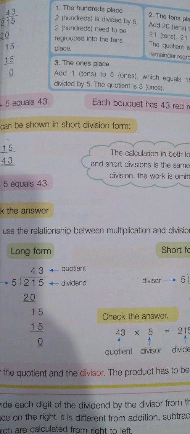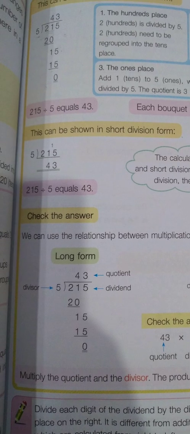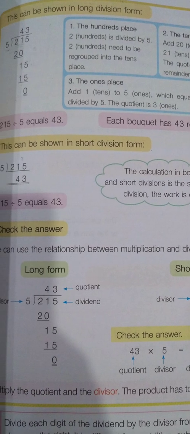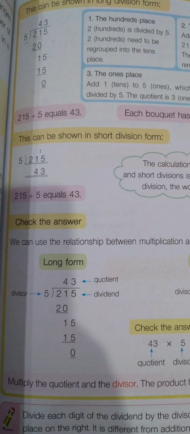Check the answer. We can use the relationship between multiplication and division to check the answer. Long form: 5 is the divisor, 43 is the quotient and 215 is the dividend.